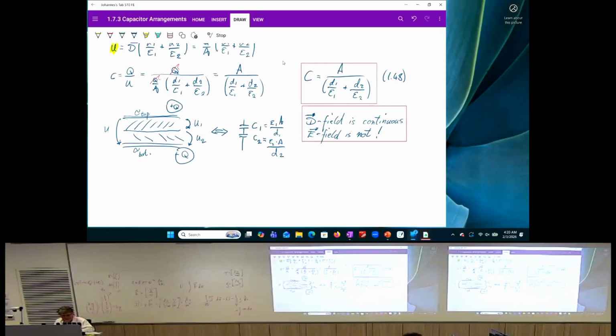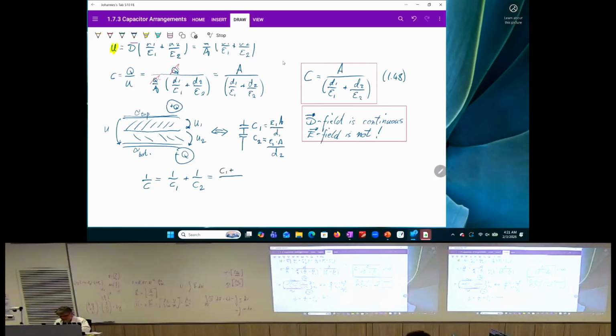And if you are looking at the formula that we had derived for series connection of capacitors, then we had said that the resulting total capacitance in the series connection, this is C here, and 1 over C is given by taking 1 over C1 plus 1 over C2. So you basically get the inverse value of the total capacitance by adding up all the inverse values.